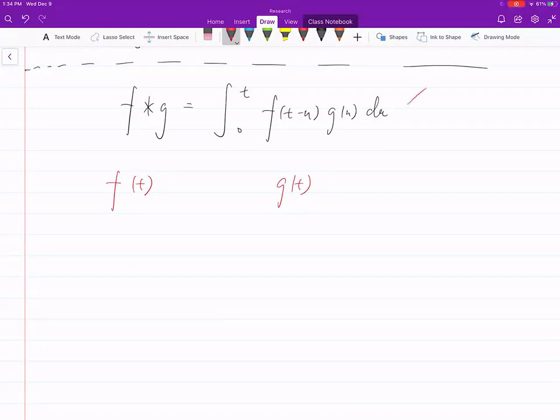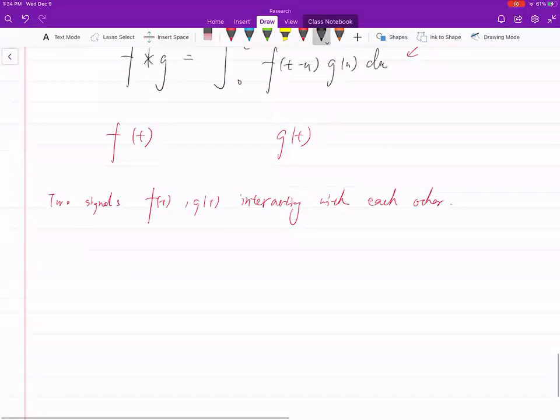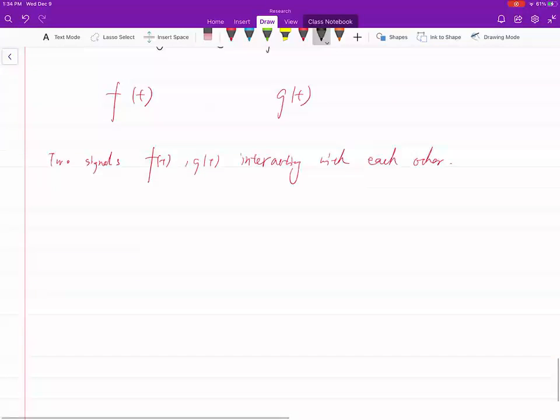And this is exactly the way. So think about this as two signals, f(t) and g(t), interacting with each other. Moreover, I will take f(t) to be an input signal.